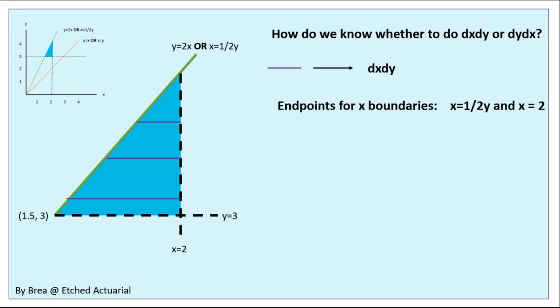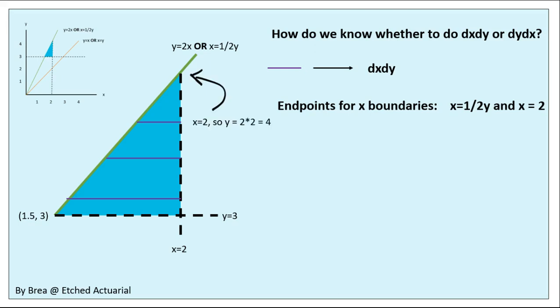And also our other boundary for x, and this is easy to see, I should have displayed it a bit better in the slides, but the endpoints that we're talking about first are the ones on the left-hand side. All those purple lines have the endpoint x equals 1/2 y. They are all on that green diagonal line. And for all those purple lines, the right-hand endpoint is always touching the x equals 2 line. So that's going to be our other endpoint, or boundary.